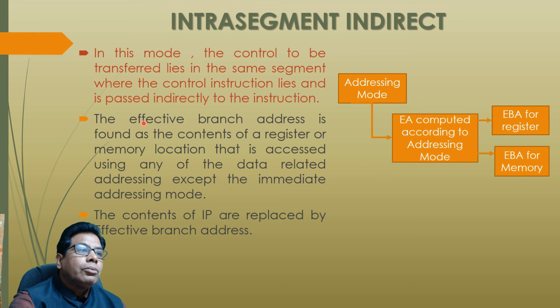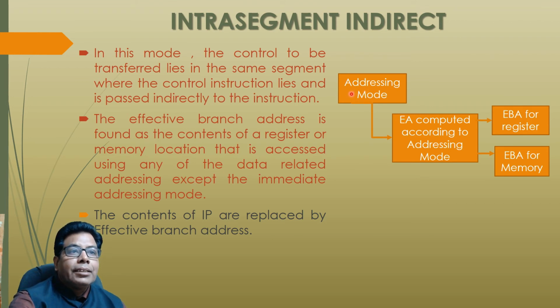So you can see here, indirectly it is passed, and the effective branch address is found as the contents of a register or a memory location that is accessed using any one of the data related addressing modes except the immediate addressing mode. Whatever addressing modes we have studied, they are used here.